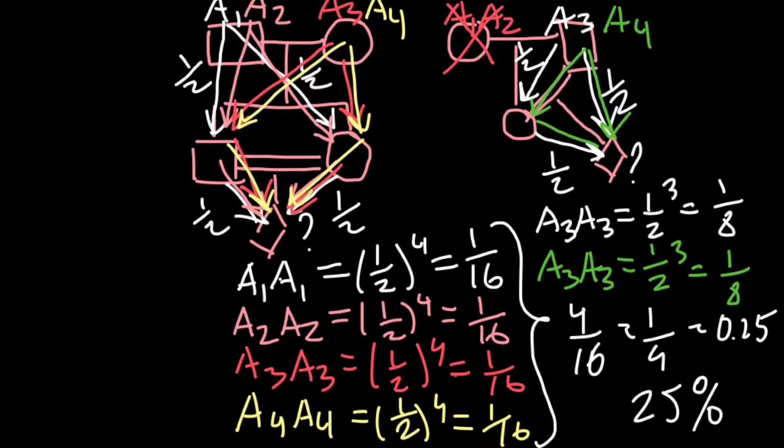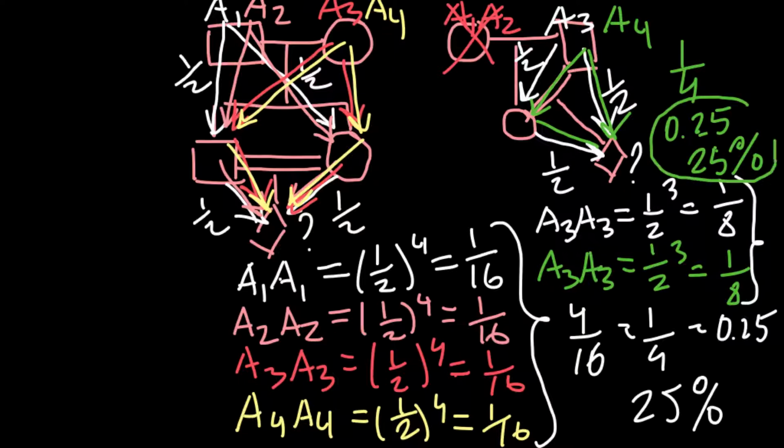So now we have to add these two independent probabilities, and the answer would be 1 quarter or 0.25 or 25%. So as you see, these two pedigrees are so different, but the inbreeding coefficient is going to be the same for both inbred individuals here, which is 0.25 or 25%.